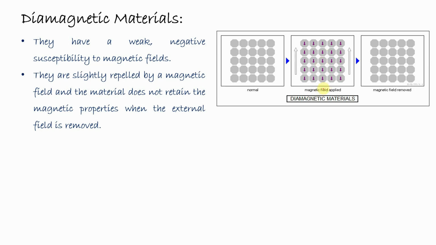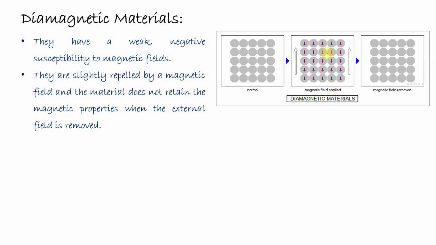This is because of the external magnetic field, and due to this external magnetic field, this material will behave like a magnet. But remember one thing, the strength of the magnet of a diamagnetic material is very weak.